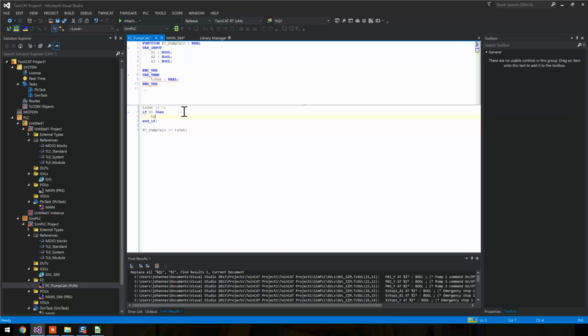So if this one is true, then we'll add, well, let's say 30. And let's make number 3 a bit bigger. So 30, 60, 100. Not allowed. Let's see if that's true.